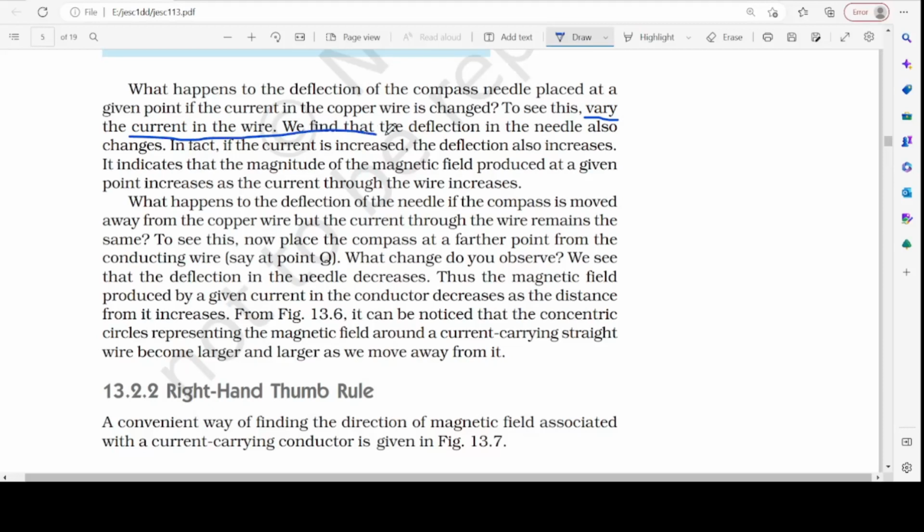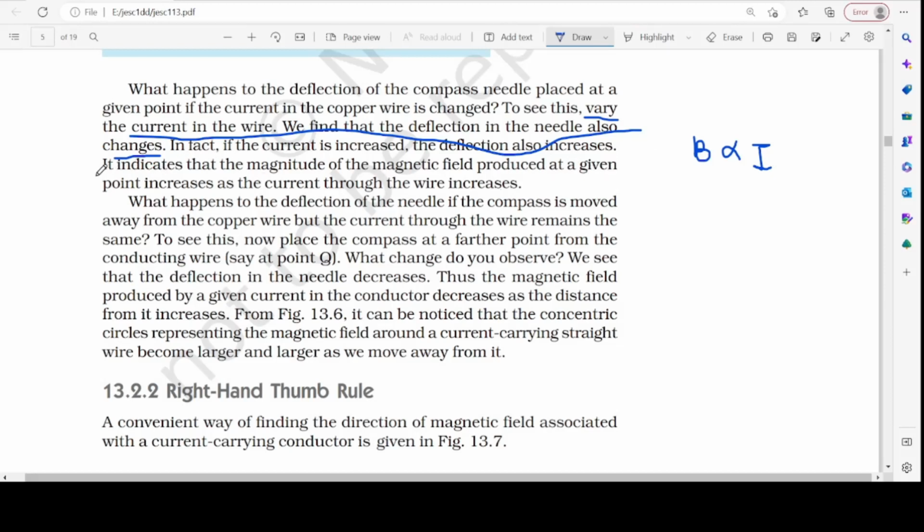This means that the deflection of the needle is dependent on the current carrying conductor. In fact, if the current is increased, deflection also increases. This means that the magnetic field produced is directly proportional to the current that passes through the wire.